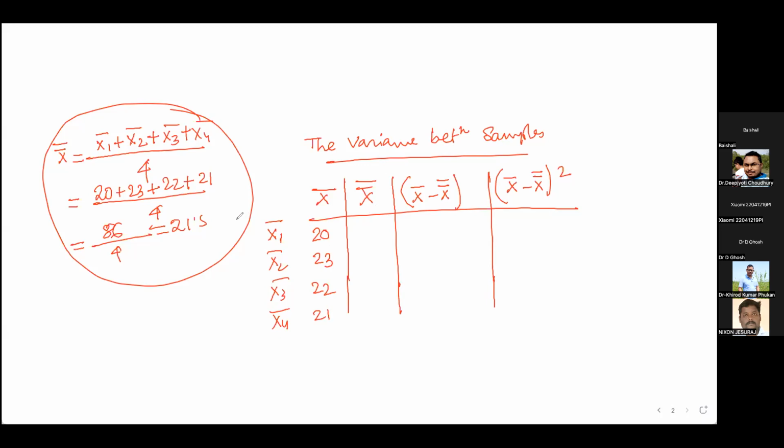Now, what is the value of X double bar? That is the grand mean. It is the same for all these 4 observations: 21.5, 21.5, 21.5, 21.5. So these are the values we currently have.